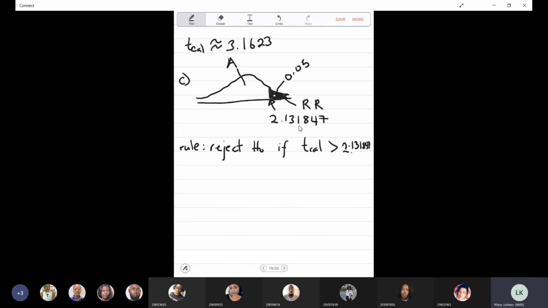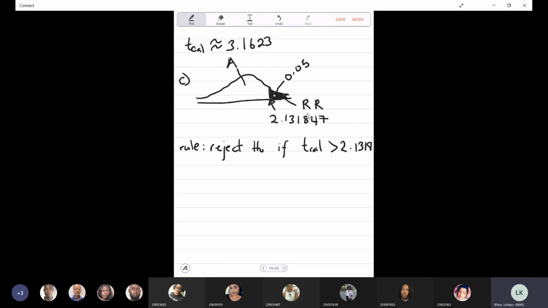Okay, and over here, you just write whatever can fit. This is 2.1318. Okay, that's all that can fit there, but you get the idea.